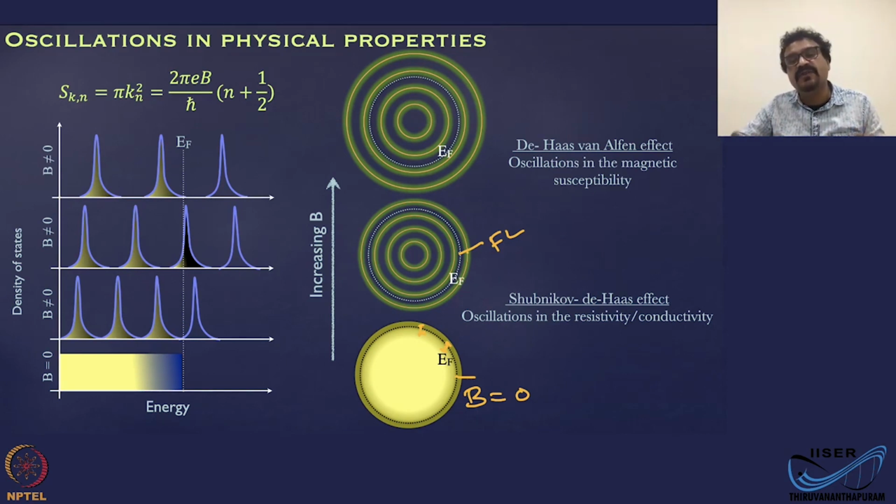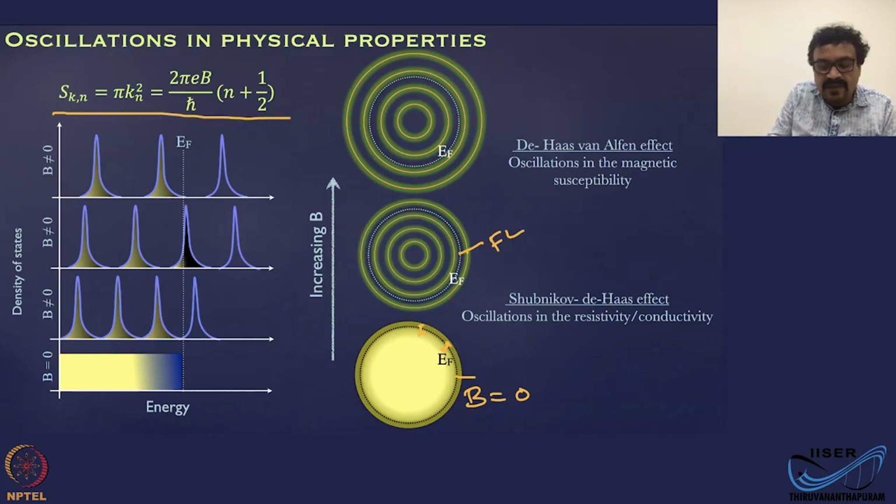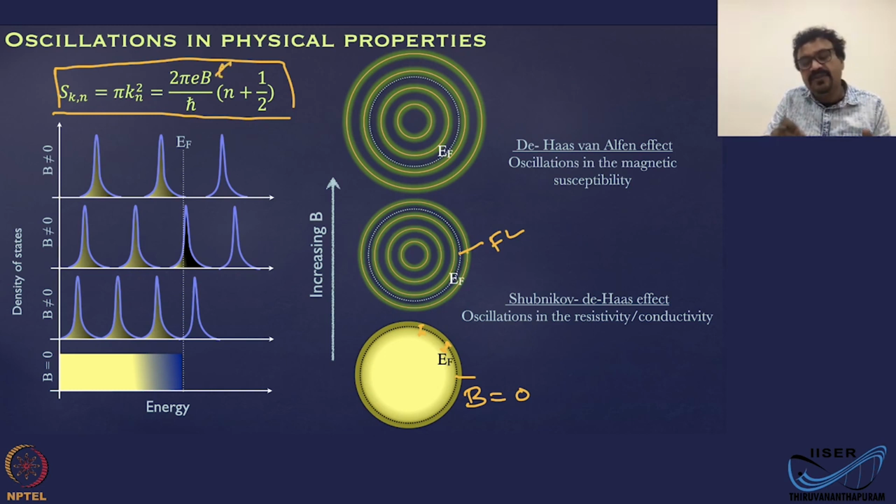But what is going to happen is the area of this Landau level, that is proportional to the B field, is going to expand, each of them. They'll expand isotropically, but the Fermi level is going to be there. It's not going to change. So what's going to happen is they'll expand, and they will escape or pass through the Fermi surface one by one.